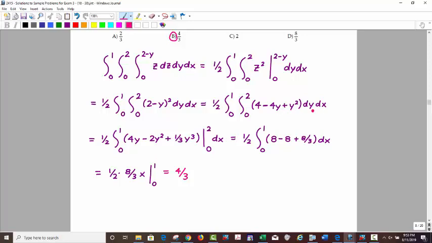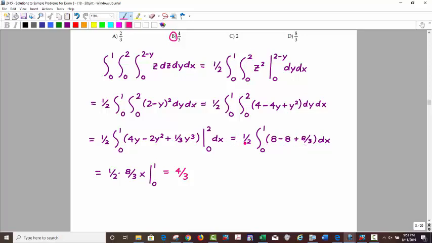That's going to be dy dx, so I'll take the antiderivative of that with respect to y. That gives me 4y minus 2y squared plus 1/3 y cubed, from 0 to 2. So 4 times 2 is 8, minus 2 times 2 squared, which is 8, plus 1/3 times 2 cubed, which is 8/3.